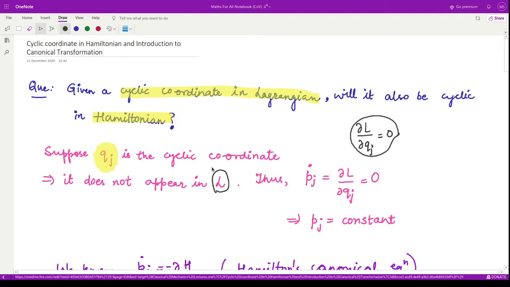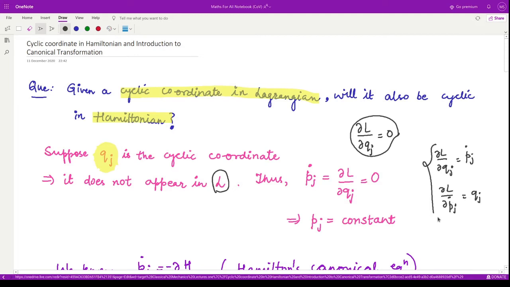So now we say this corresponding element qj does not appear in the Lagrangian. Therefore, when you calculate del L by del qj, that comes out to be 0. Moreover, we know that del L by del qj is equivalent to pj dot, and you also know del L by del pj is equal to qj dot.